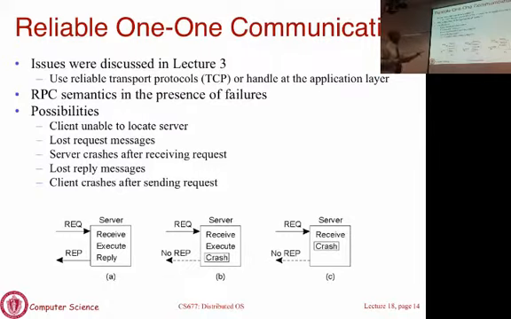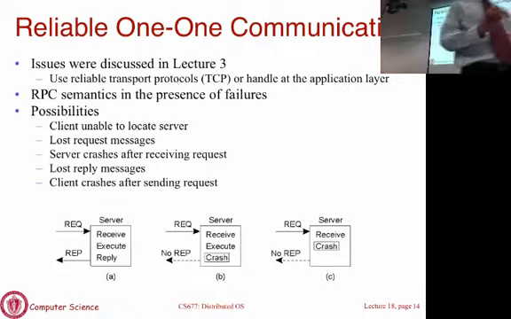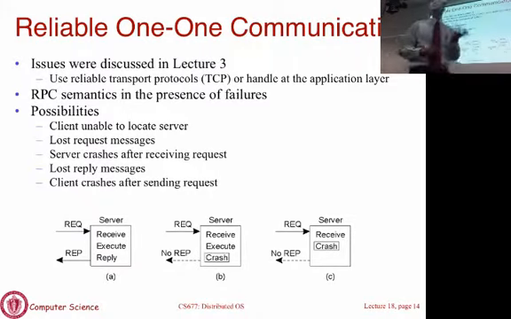Putting that in the context here, as you can imagine, all of that discussion assumed crash failures. Either the network simply dropped a packet, or the server simply crashed and failed to produce a response. If you had a Byzantine fault, none of that would work. You got a response, but you don't know whether to trust it because the server produced garbage. So that's something to keep in mind.